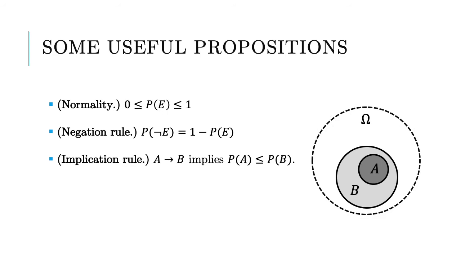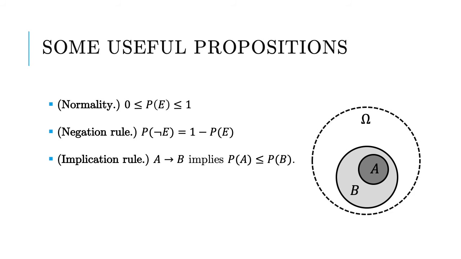The implication rule is simply that when one proposition implies another, so A implies B, it means the probability of A is at most as large as the probability of B. And you can think through the logic of this. If A implies B, that means that any time that A is true, B is also true.